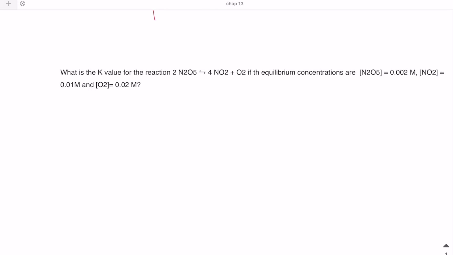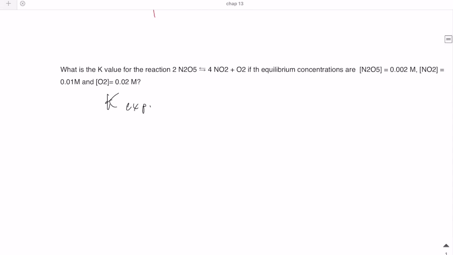So this question says, what's the K value for the reaction 2N2O5 goes to 4NO2 plus O2 if the equilibrium concentrations of the species are given as written? So the first thing is always to write what we call the K expression, which is just how the mathematical expression of the equilibrium constant is written for that particular reaction.